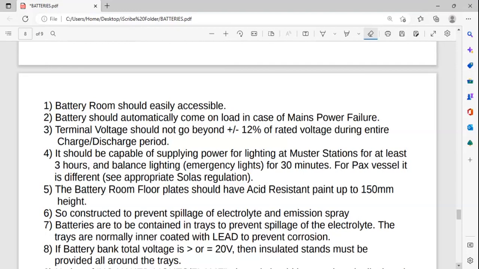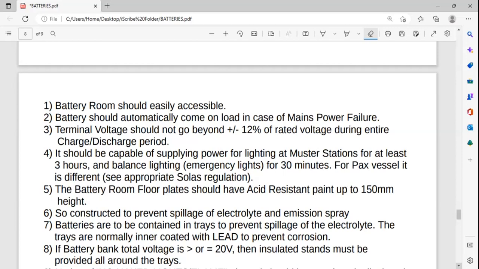For passenger vessels, it is different. You'll have to refer to SOLAS depending on the capacity size of that particular ship. They will say so many passengers per vessel, then obviously it'll take more time to abandon such a big ship.